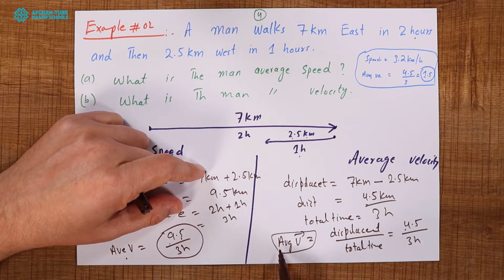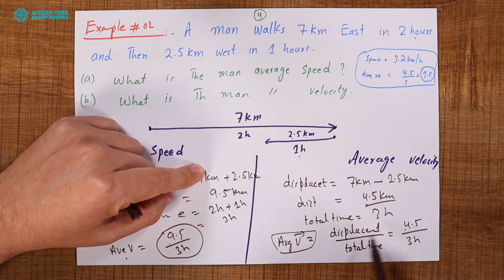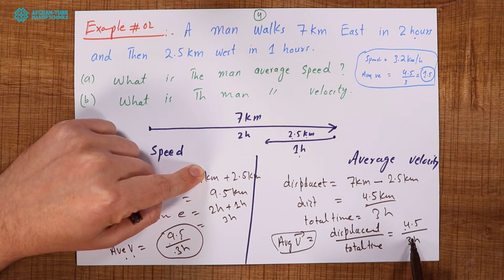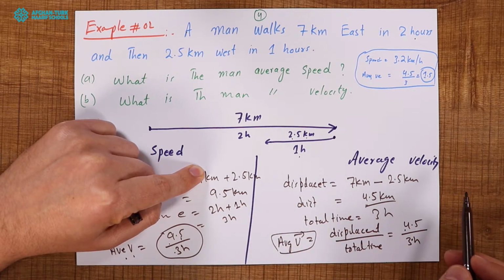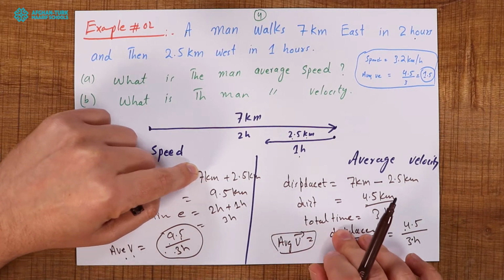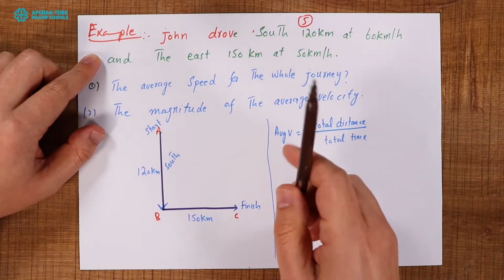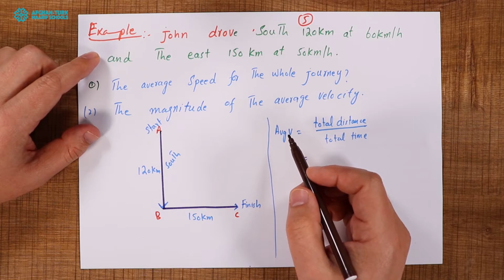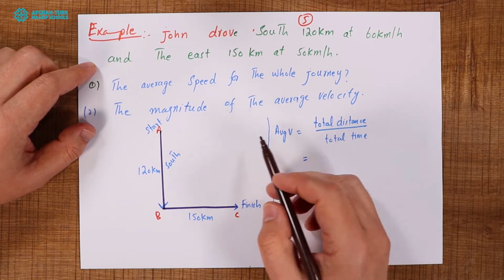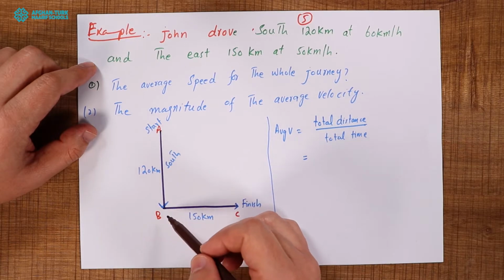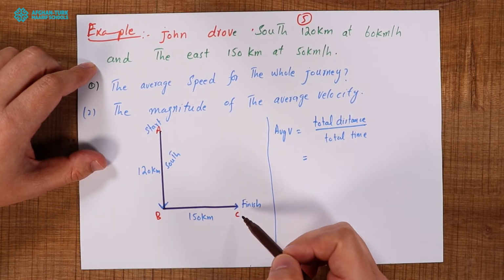So if the direction is changed, the values of the average speed and average velocity must be different. But if the direction is the same, there is no change, so the values of the average speed and average velocity must be the same. Okay, students, in the previous examples we saw the same direction and opposite direction. Now the direction is not the same and not opposite in this question.